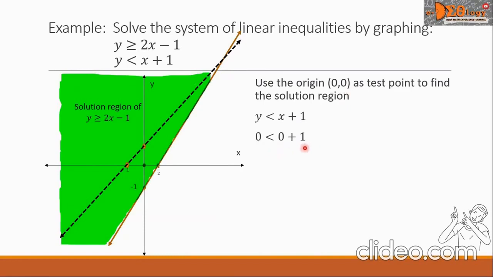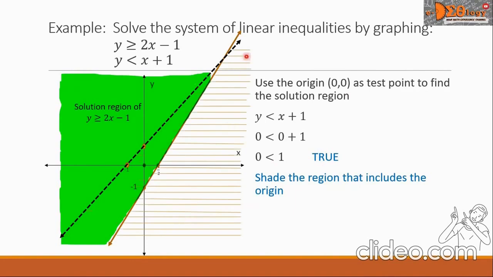Simplifying our right side, we have 0 is less than 1. And this is a true statement. It means to say, we're going to shade the region that includes the origin. In our discussion, I'm going to use lines to shade the region. And this is now the shaded region of the second inequality.